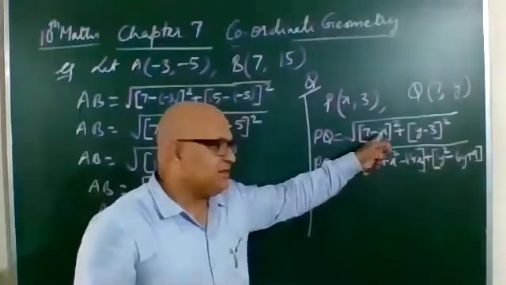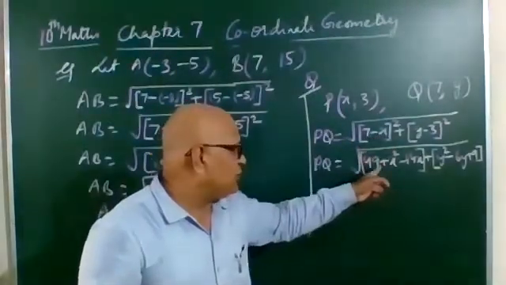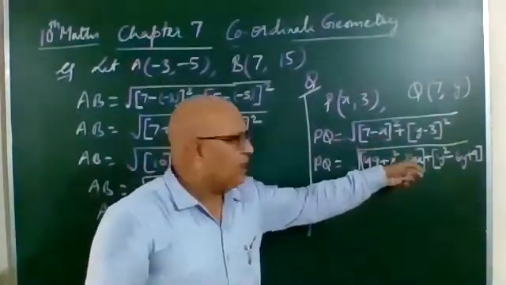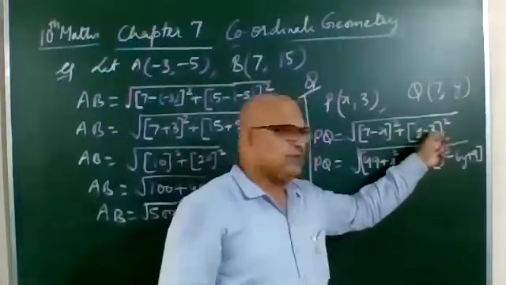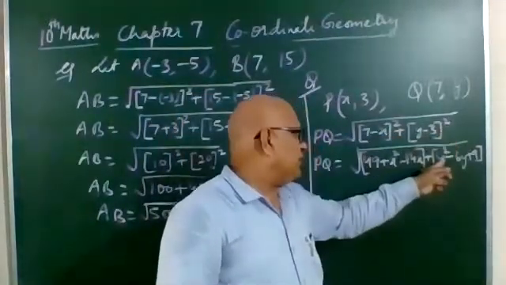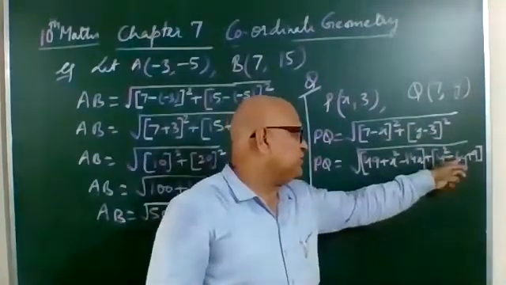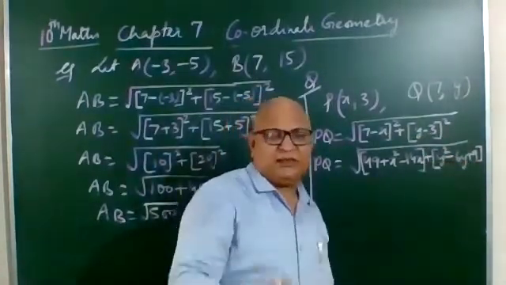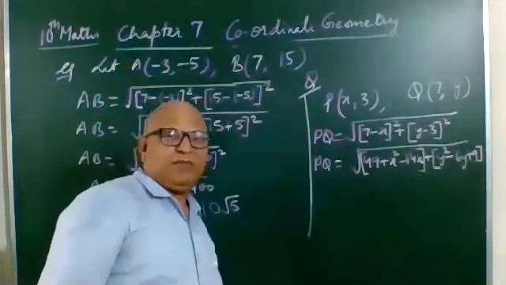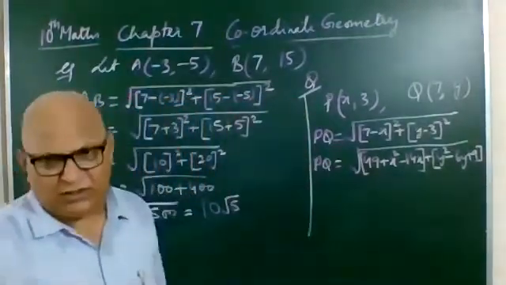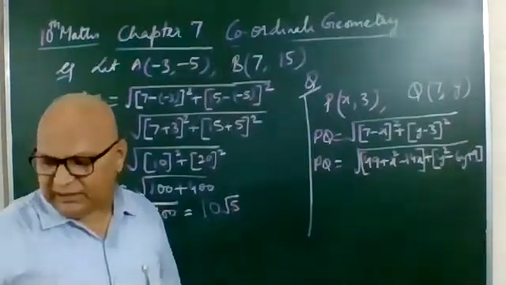So a minus b whole square is what? a square plus b square minus 2ab. Again here, y minus 3 whole square, you will say y square plus 9 minus 6y. It doesn't matter whether you take minus 2ab first or later, but the expansion should be there.